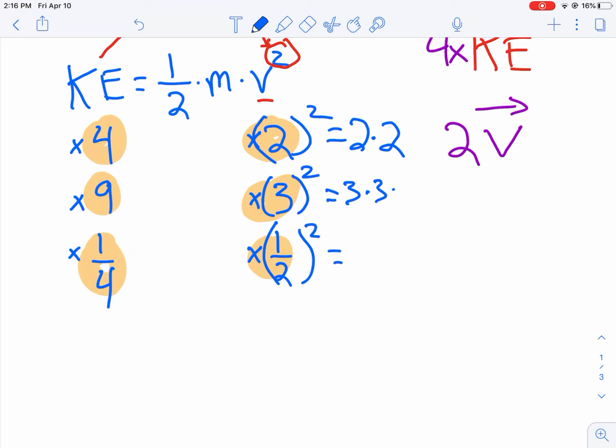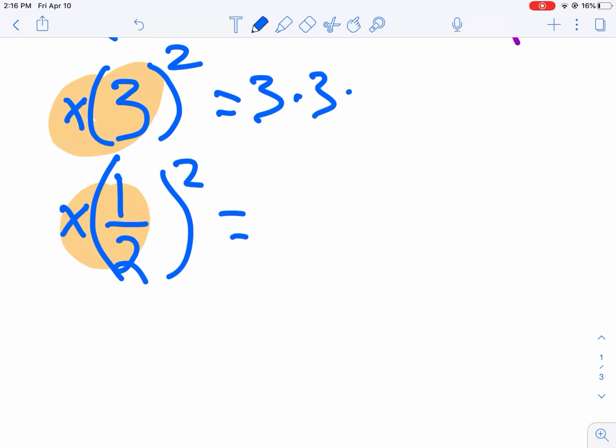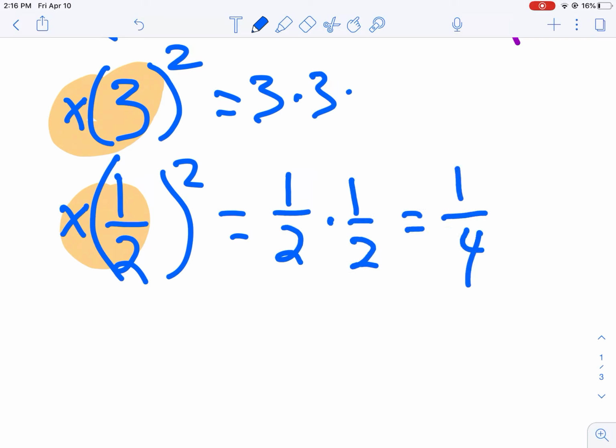If the velocity changed by a factor of a half, if the velocity was divided by 2 or multiplied by 0.5, then 1/2 squared is the same as 1/2 times 1/2, which equals 1/4.